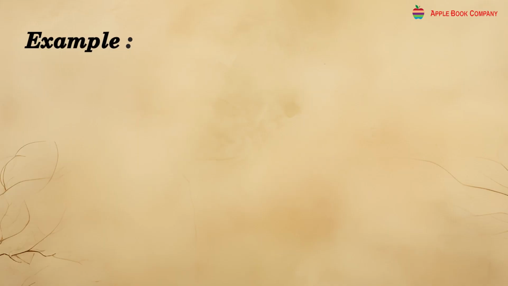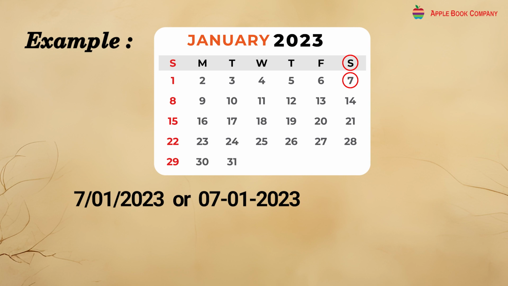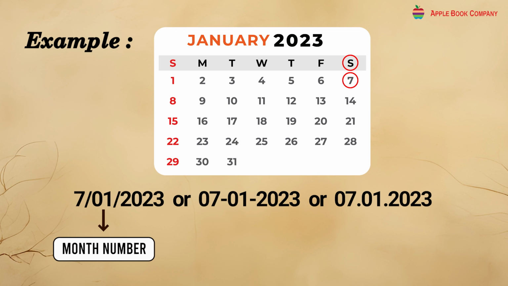For example, the first Saturday of January 2023 is identified as 7th January 2023, which can be written in short form as 7/01/2023 or 7-01-2023 or 07.01.2023, where 01 represents the month number, 2023 the year, and 07 the date.